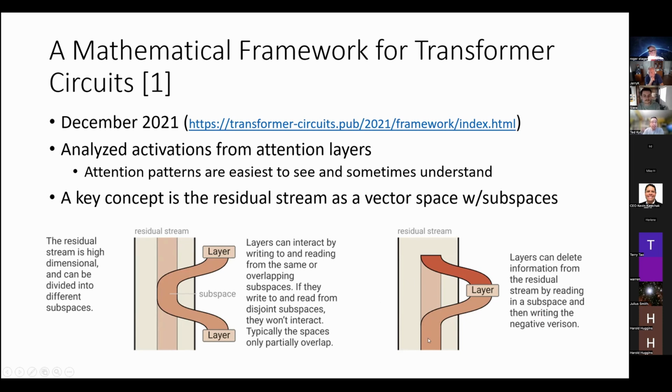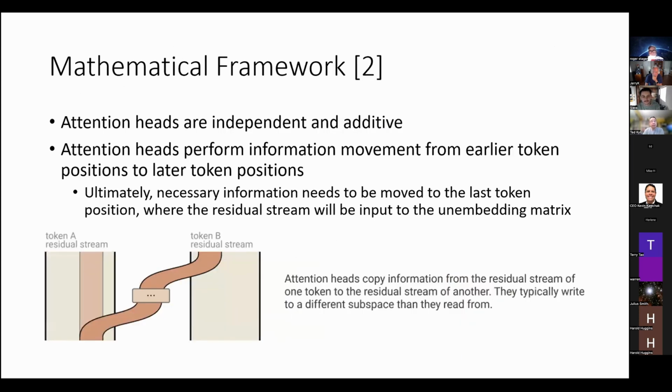It's drawn here contiguously for ease of visualization. But if you have a 4,000 dimensional residual stream and four attention heads, it doesn't have to read 1,000 consecutive floats from it. It really can read any up to 1,000 dimensional subspace from it. And the main job, as I mentioned briefly earlier, is to copy information from an earlier token position to a later token position.